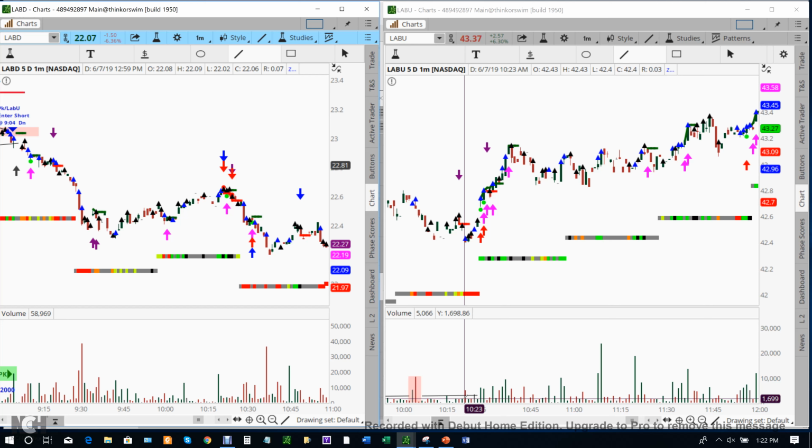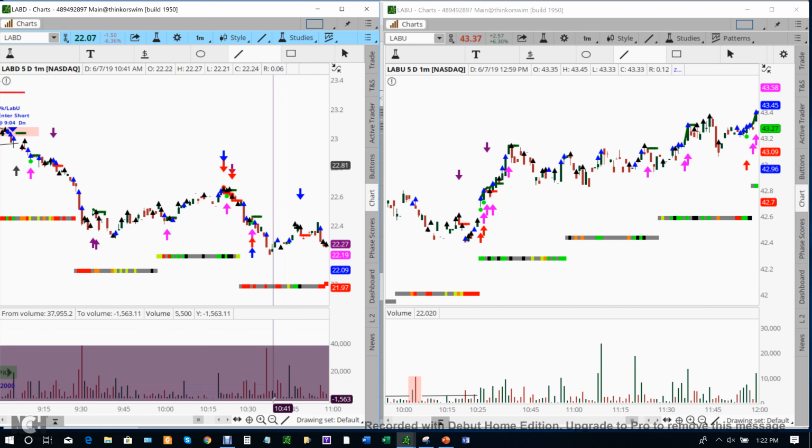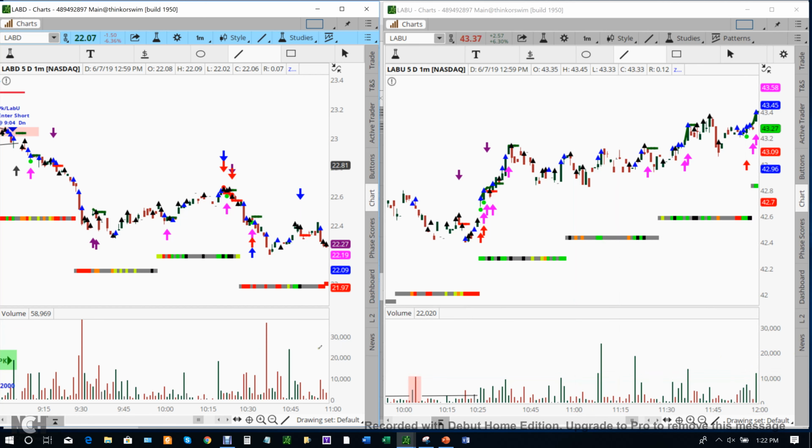So I'm sorry. So you'll get a better idea of these candles. So you can kind of see how when you're dealing with lower volume stuff, it's a little bit harder to deal with.